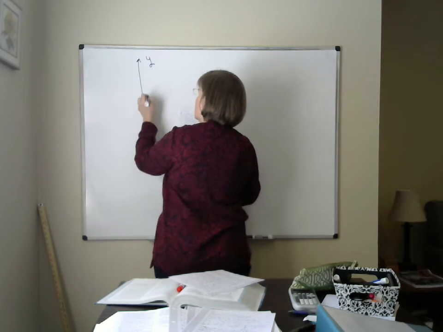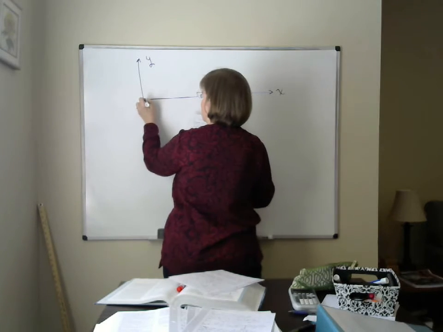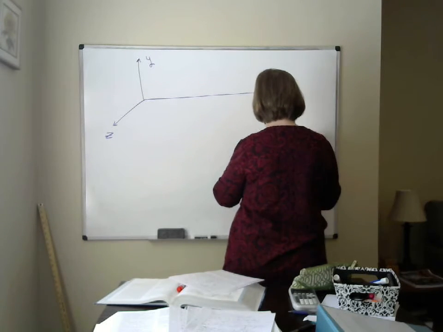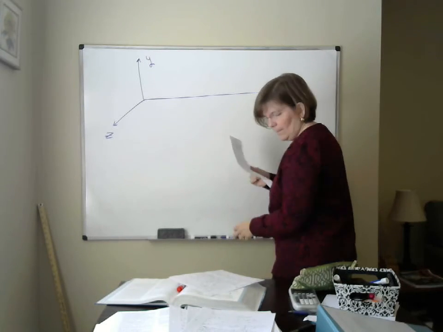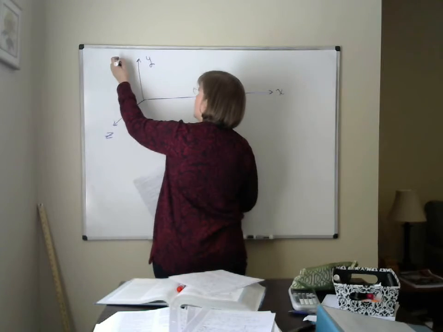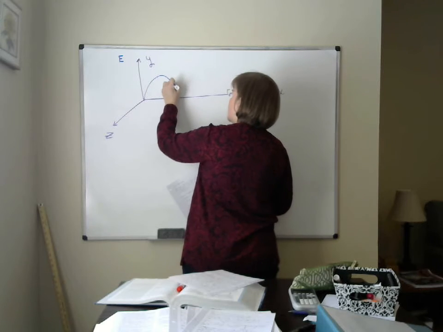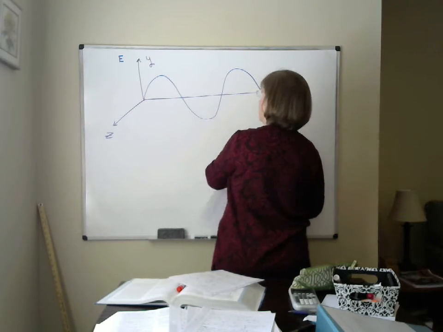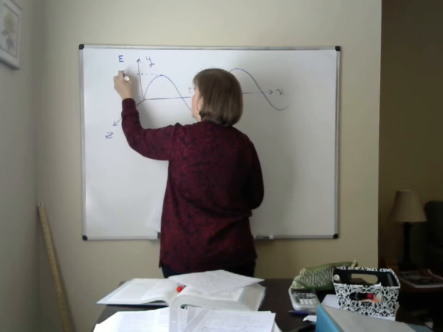There's a y-axis, here's an x-axis, here's a z-axis. I'm going to get some different colors because that'll be helpful here. If I let the electric field be on this y-axis, then it will look like a sinusoidal wave, just like every other sinusoidal wave we've ever seen. We'll call this maximum value E0.